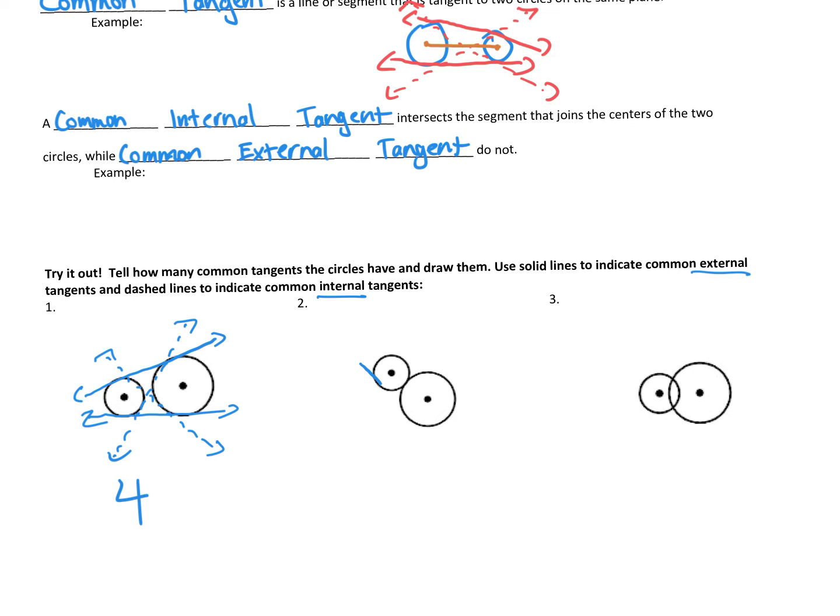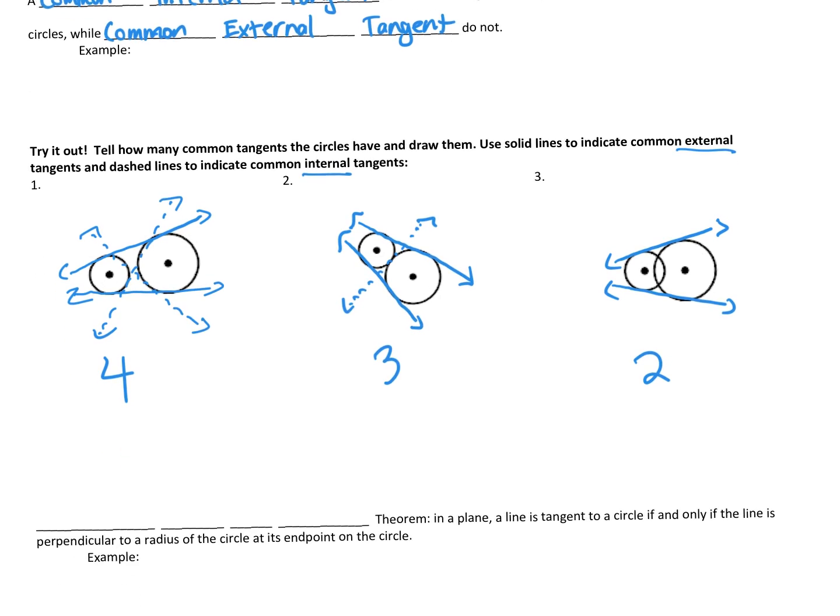This here, outside, it has 2 for sure, external. And on the inside, you notice how the two circles kind of only touch at one space. So here, this has one internal, total of 3 common tangents. And number 3, it has 1 and 2 external tangents.